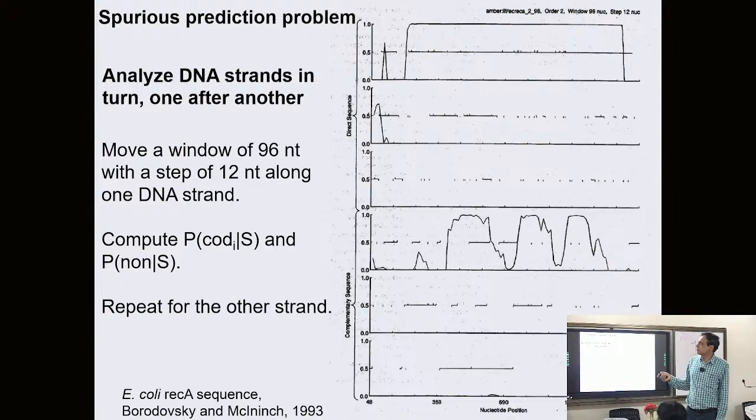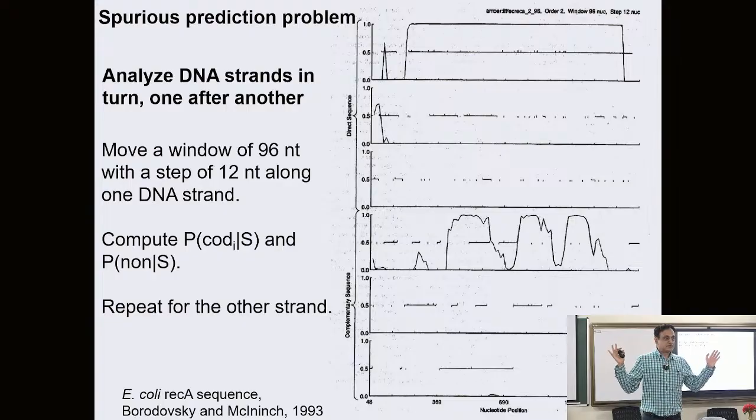So a gene was predicted on the direct strand at this location. Opposite to this is a region on the complementary strand. There is actually no gene there, but signals were observed, and that led to many false, spurious predictions.